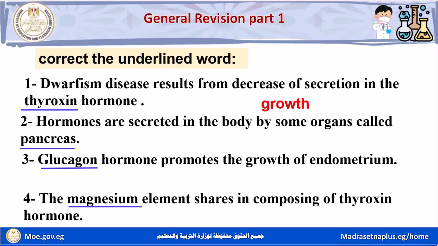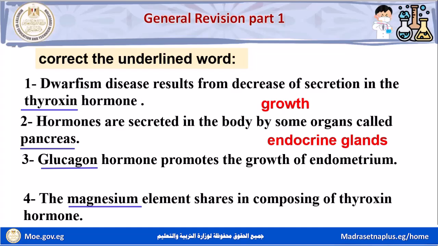Question number 2. Hormones are secreted in the body by some organs called pancreas. Hormones are secreted in the body by some organs called endocrine glands.